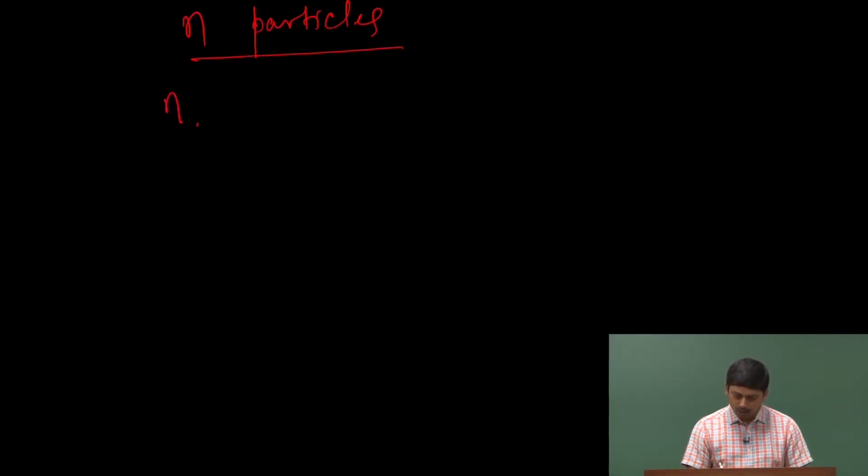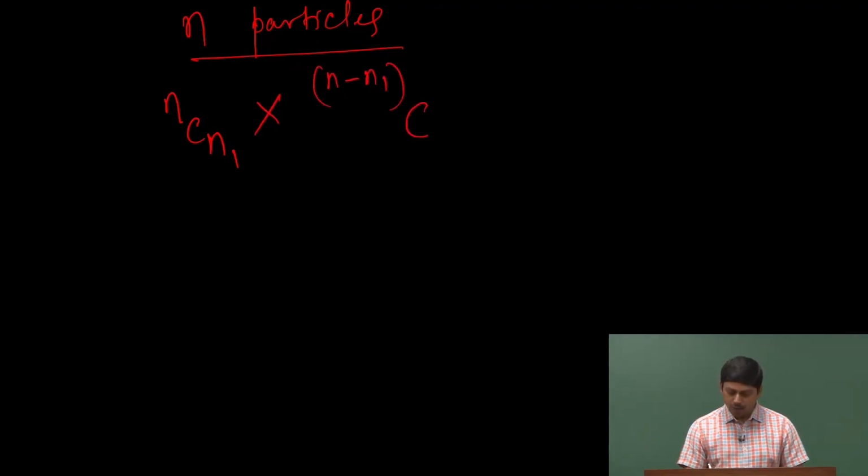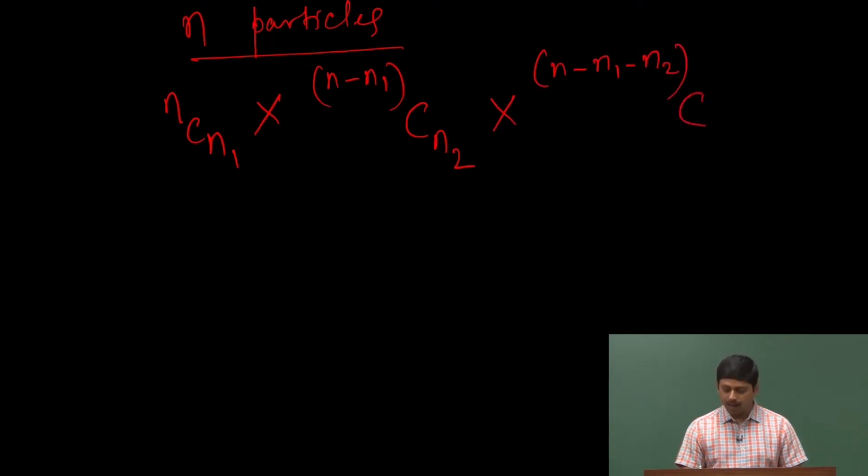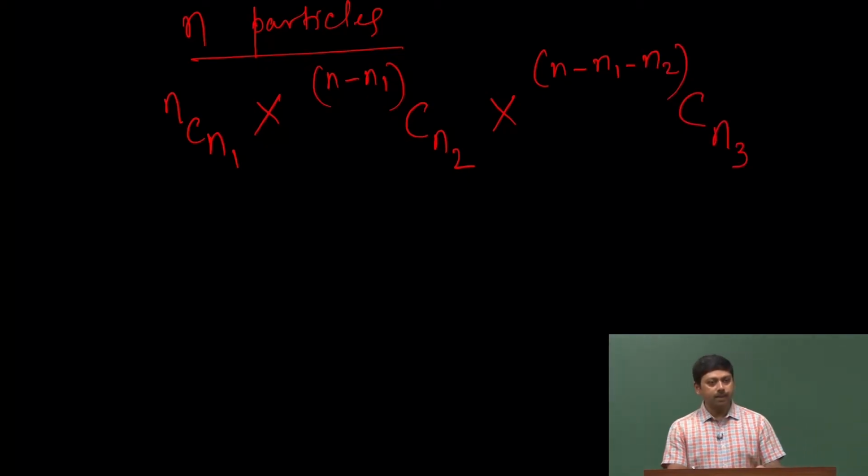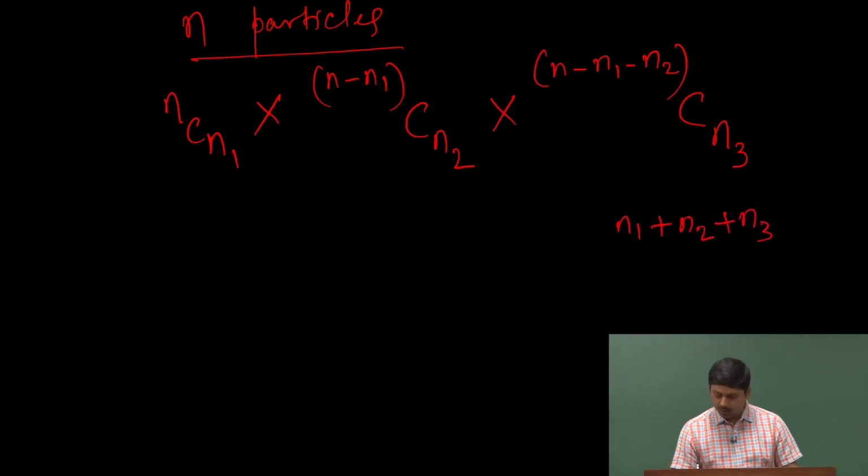I choose n1 particles from the n particles, that leaves me with n minus n1 particles. I choose from there some n2 particles, that leaves me with n minus n1 minus n2 particles, and from that I choose n3 particles. So there are 3 levels n1, n2, n3, but the condition is that n1 plus n2 plus n3 should be equal to n.